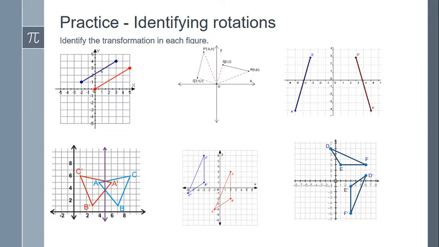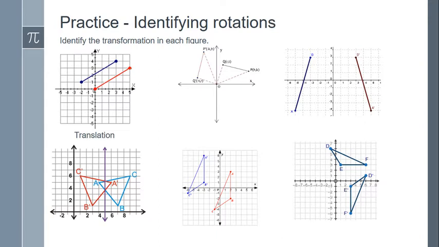These lines look parallel, so maybe a 180-degree rotation could have been done. But if I had done that, it would have ended up way back here in the third quadrant instead of all in the first quadrant. So in this case, we can tell that what was done was a translation.